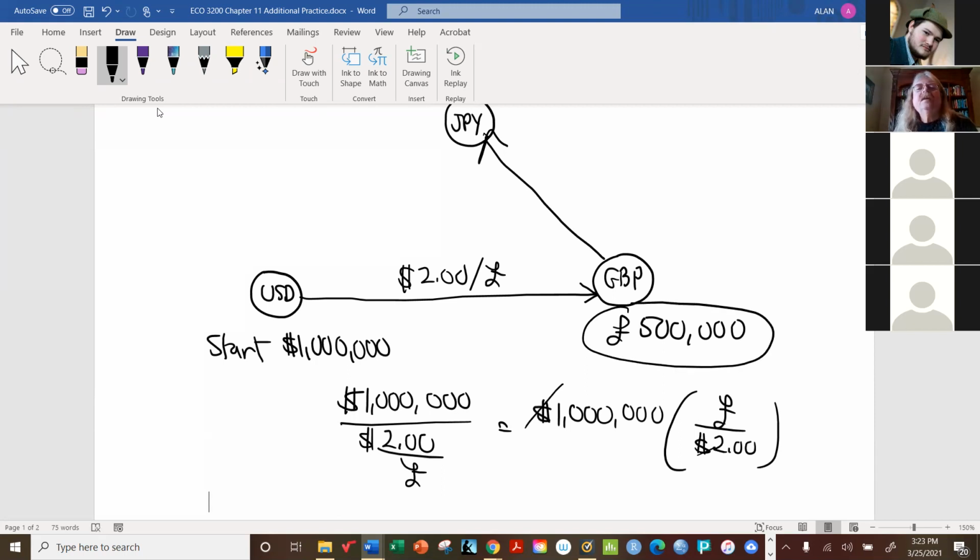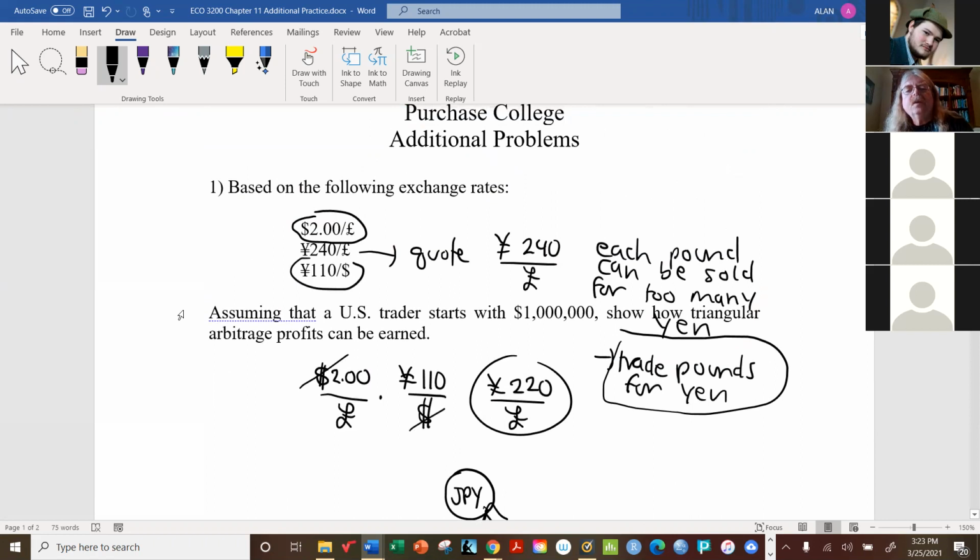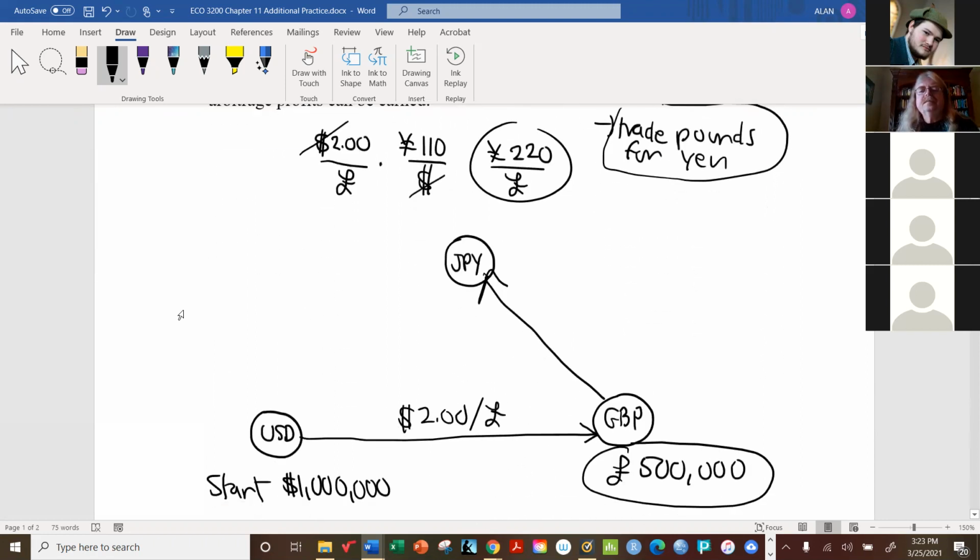That's what we need. Now, when we go back into Japan with buying yen, remember the bad quote we were given was 240 per pound. This is where the money is coming from, because now we can trade all these pounds, 500,000 of them, for 240 yen each.